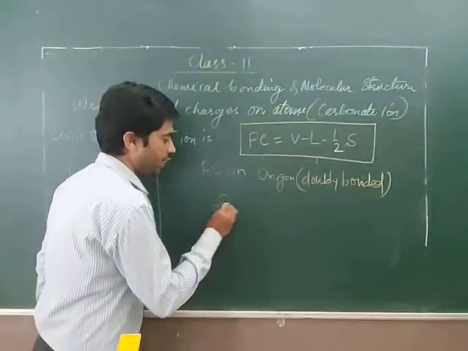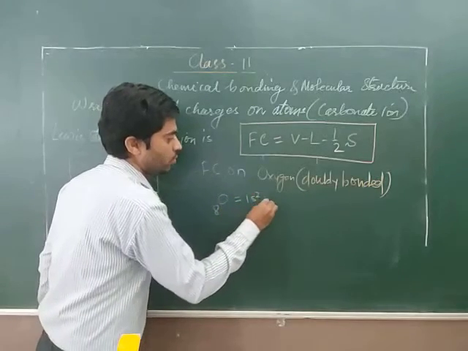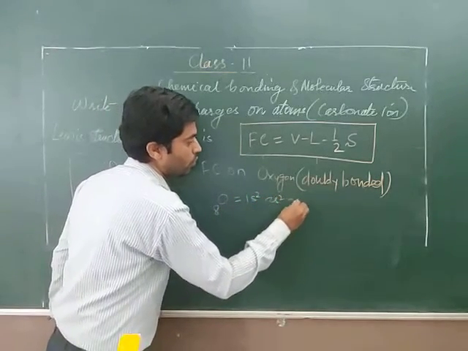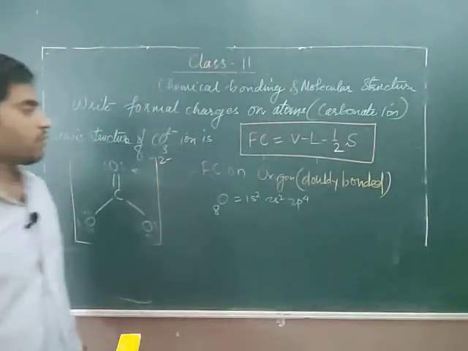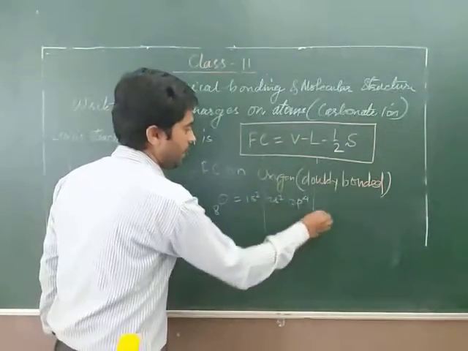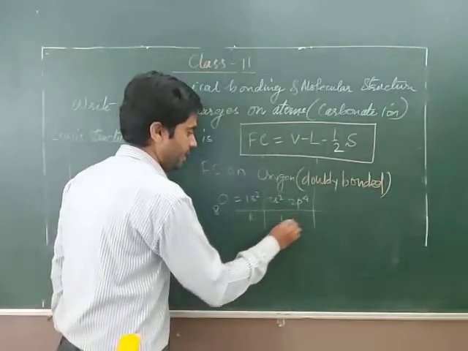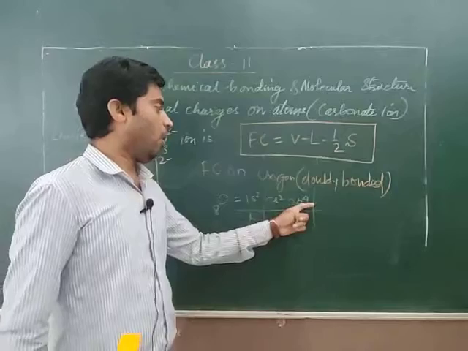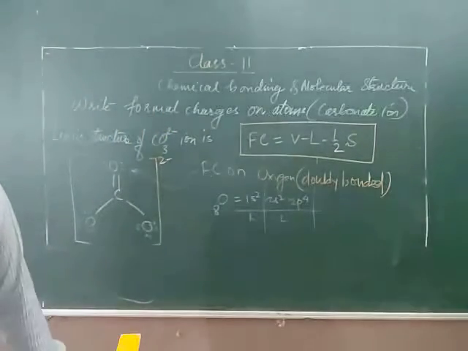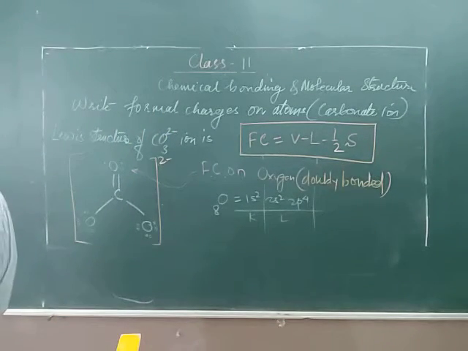Oxygen, O8, has electronic configuration 1s2, 2s2 and 2p4. Again the K shell and L shell, and the L shell is the valence shell. So we have 4 plus 2, that is 6 valence electrons.